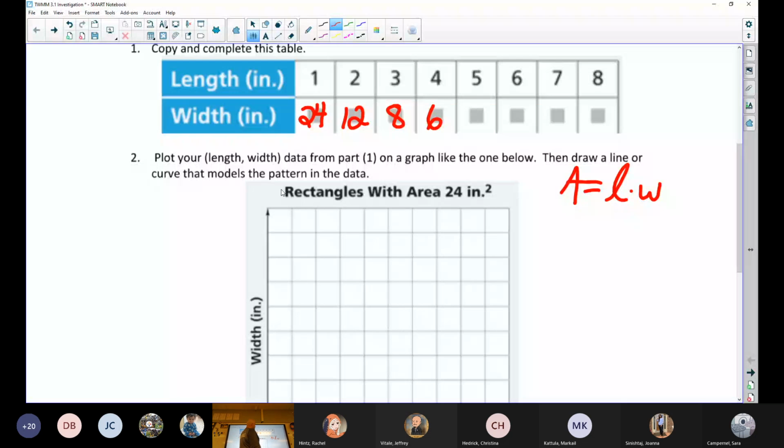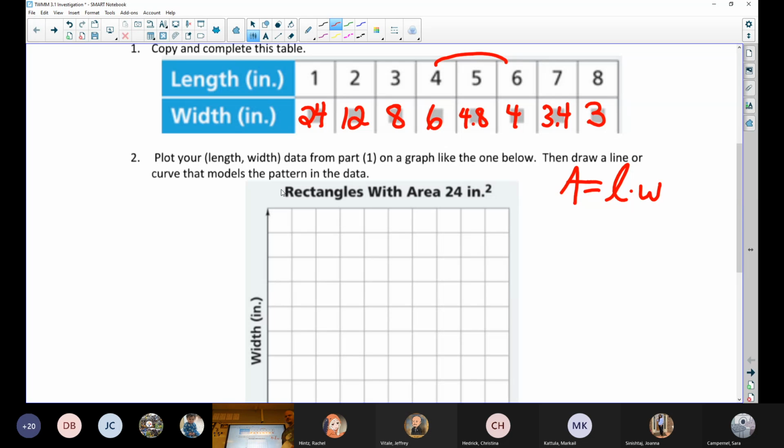And going the other way, this should be 4 and this should be 3, because these just flip-flop. So 5 and 7 don't go evenly into 24. If you take 24 and divide it by 5, you get 4.8. And for 7, I think we had to round it. It's 3.